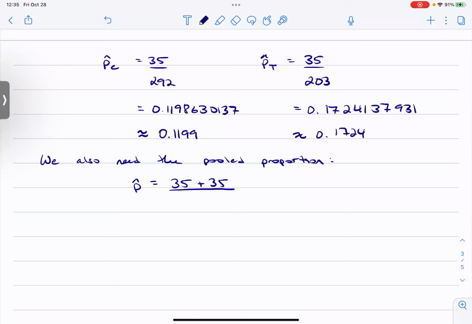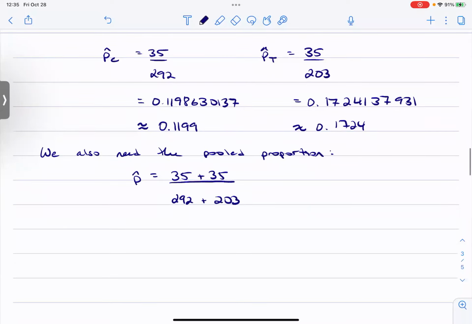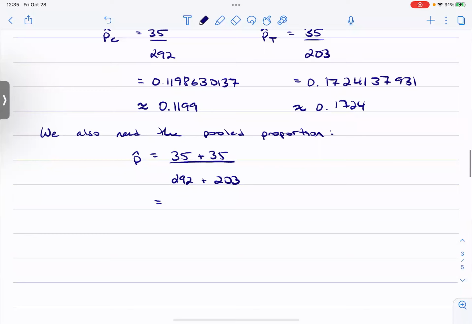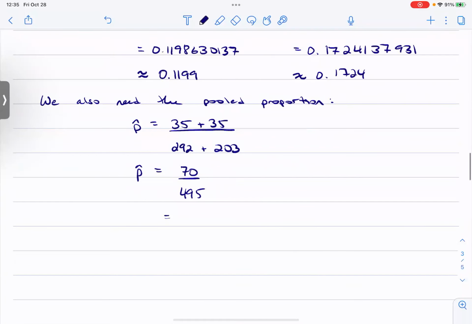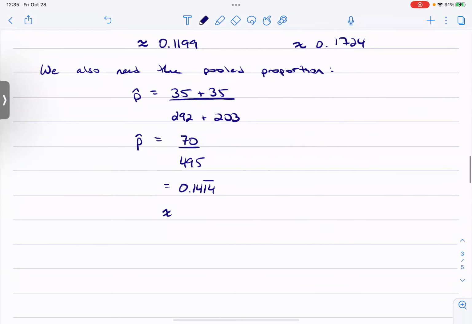So you throw everyone in the pool, 292 plus 203. Which is 70 over 495, which is 0.1414 repeating, which I'm going to round to 0.1414.